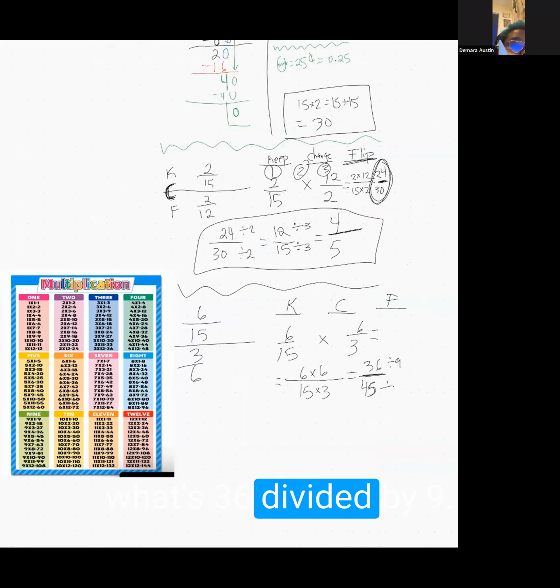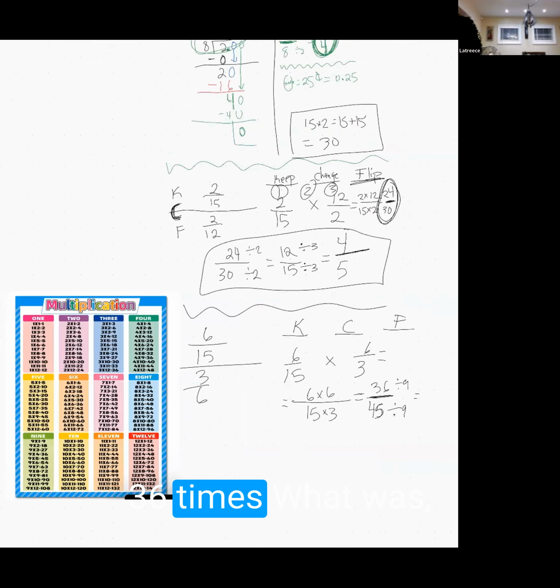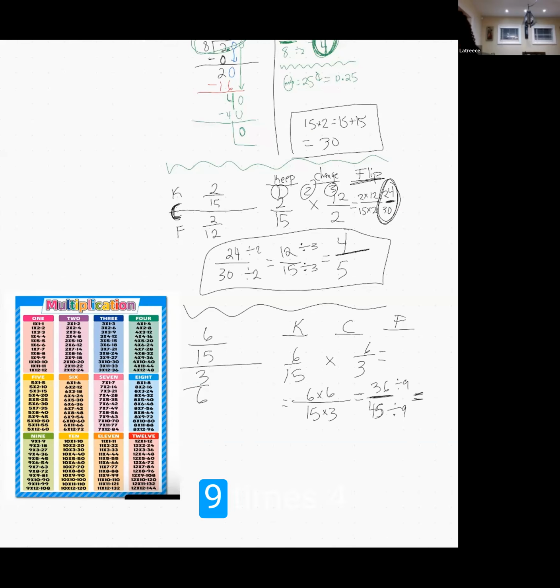What's 36 divided by 9? 9 times what equals 36? 9 times 4.